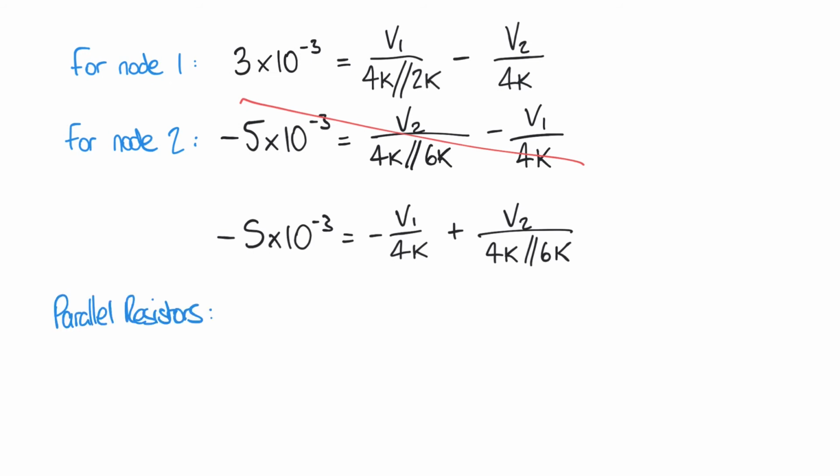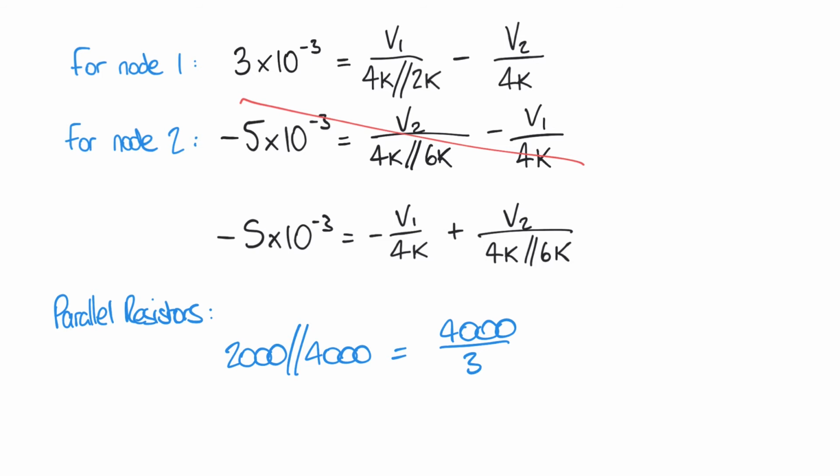But if we actually work those out, in the case of 2000 in parallel with 4000, we'll get 4000 over 3. And I'm just keeping that as a rational number in fractional form because it's going to help us keep things simple later on.